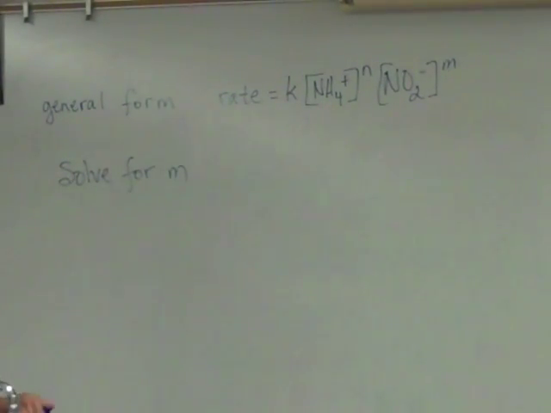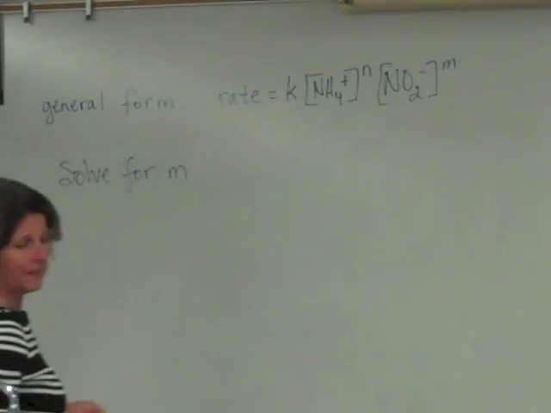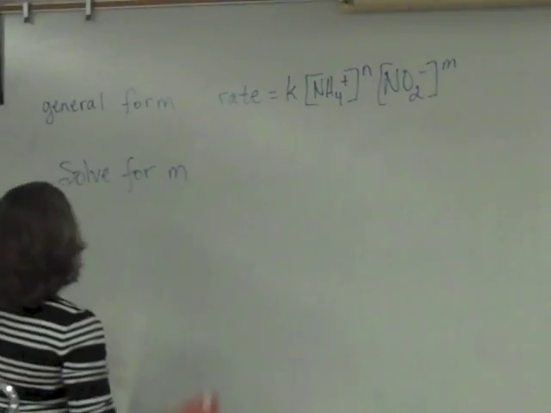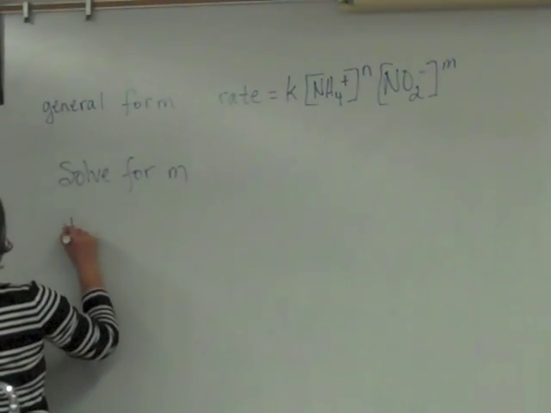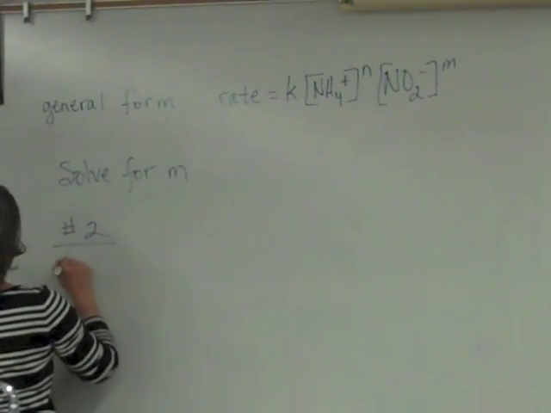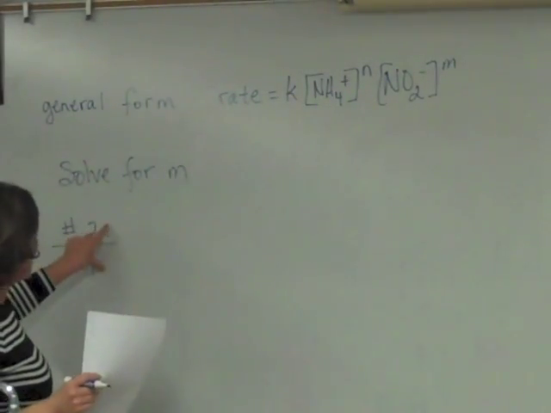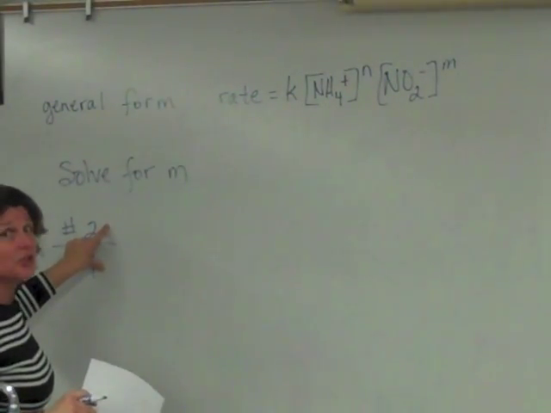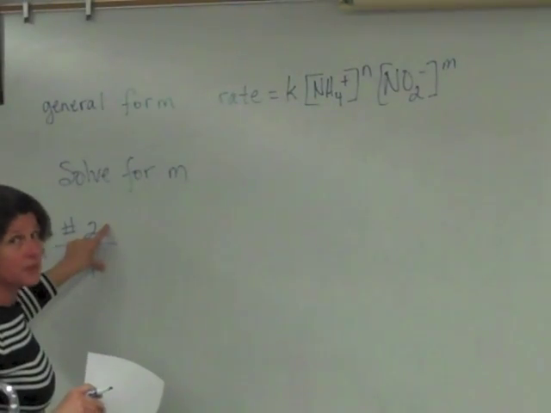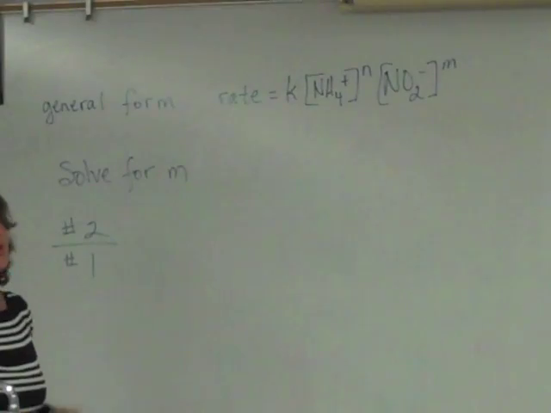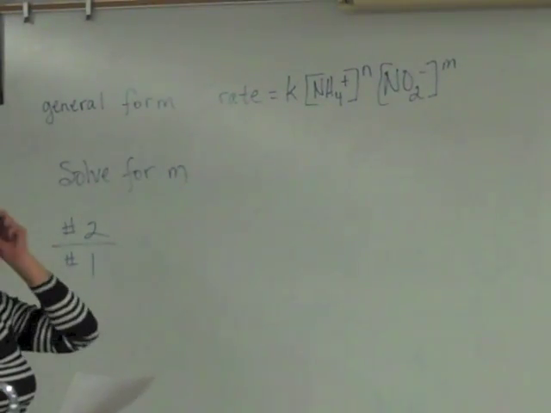And so this is how we're going to do it. We are going to use number 2 over number 1, because these are the 2 experiments where the nitrite is changing and the ammonium is staying the same. So ammonium is not our variable. Nitrite is our variable.